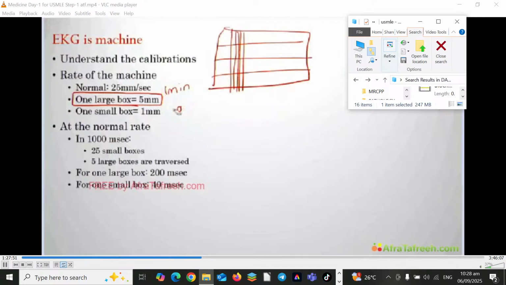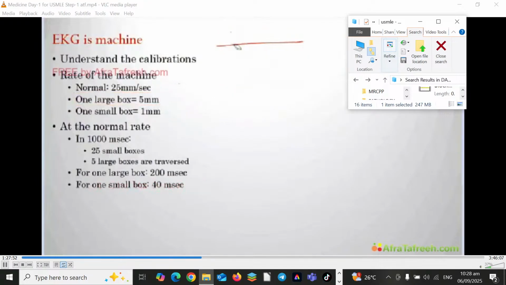Because for the heart, a normal pulse is 72 beats per minute. Right? So in 60 seconds, it is quite huge.